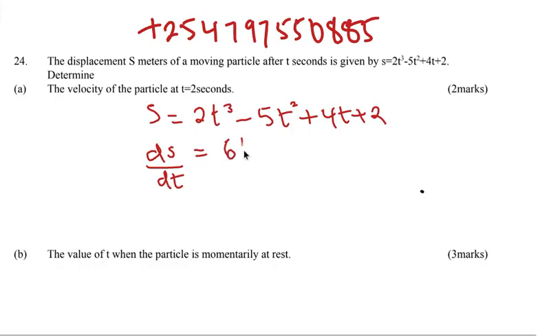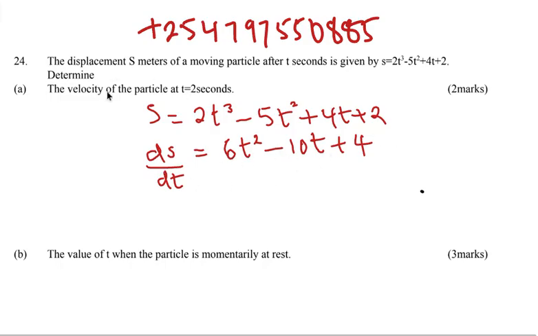Hiyo power ukisubtract na 1 ni 6t squared minus the power peleka nyuma, ukipeleka nyuma ni kama kusema 5 times 2 ambayo ni 10. Hiyo power subtract na 1 which is 10t. Na hii 4t kama ukiona kuna t, just toa hiyo t, tabakiwa na hiyo number ambayo ni coefficient ya t. So this one is your velocity function.